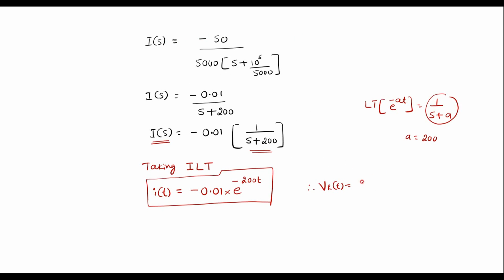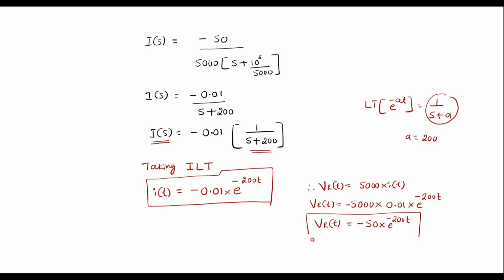So VR of t is equal to 5000 into I of t, which is minus 0.01 into e power minus 200 t. Therefore the voltage across the resistor is 5000 into 0.01, which gives minus 50 into e power minus 200 t. This is the required result.